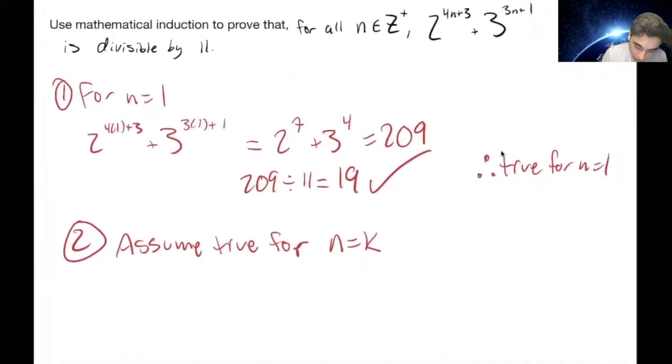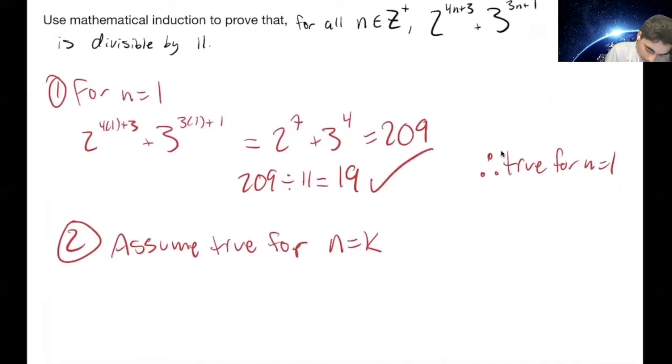So just plug in k. The original question is 4n plus 3, so 2 to the 4k plus 3 plus 3 to the 3k plus 1. And now this is where you want to add a little bit of your own spice. We want to prove that this is divisible by 11, correct? So why don't we make it equal to 11a?